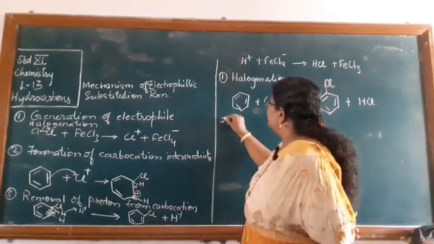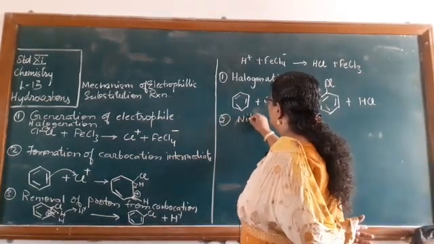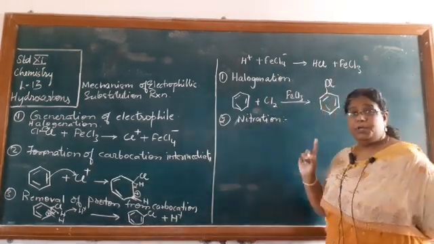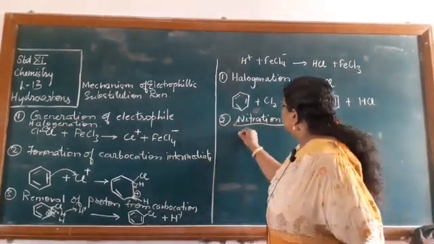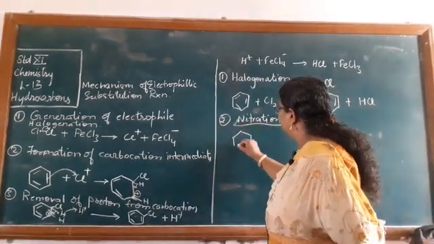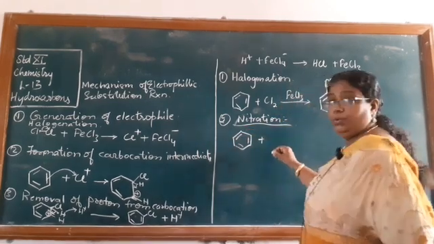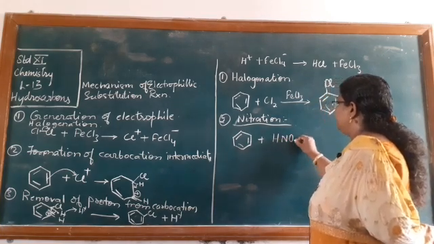So, this is how you obtain your halogenation reaction. Which is the second reaction? Second reaction is, say, nitration. In nitration, the electrophile generated is NO2 plus. So that is the benzene ring, plus NO2 should come. Which is your nitrating mixture?